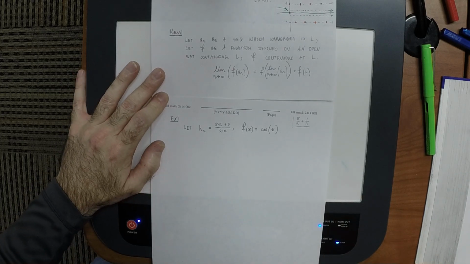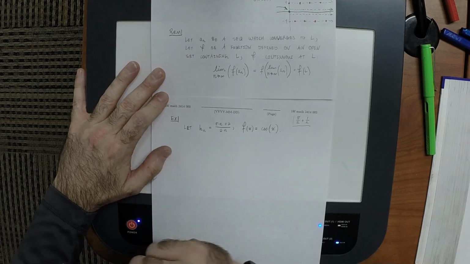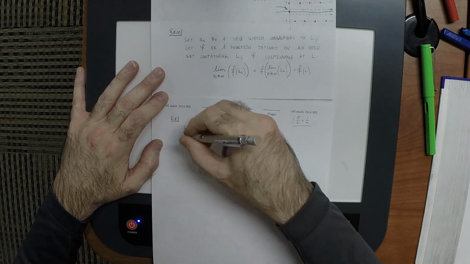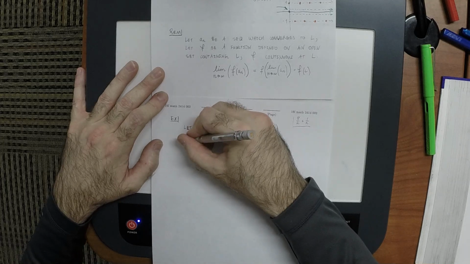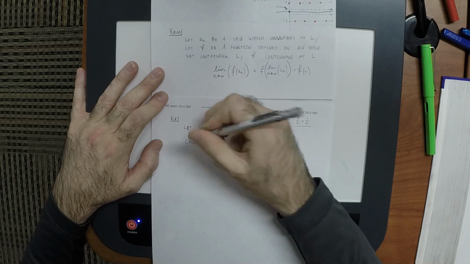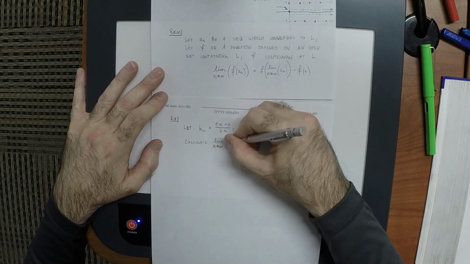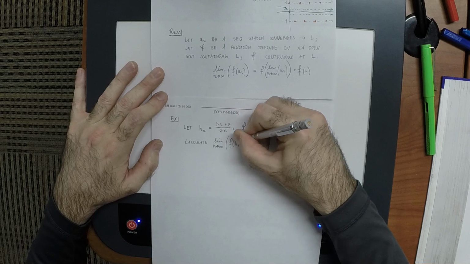All right. Well, so the question then is, what about the limit? Calculate the limit as n goes to infinity of f of h_n.